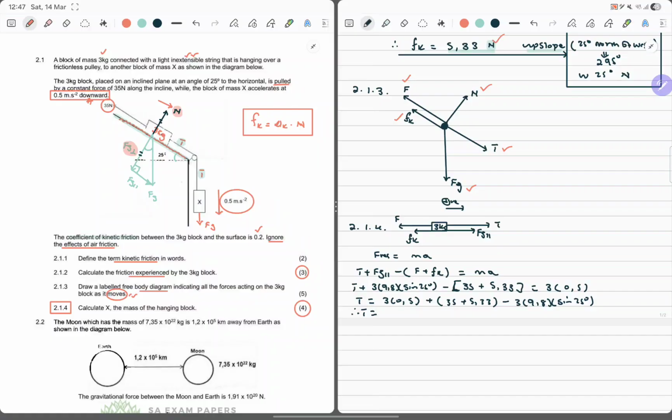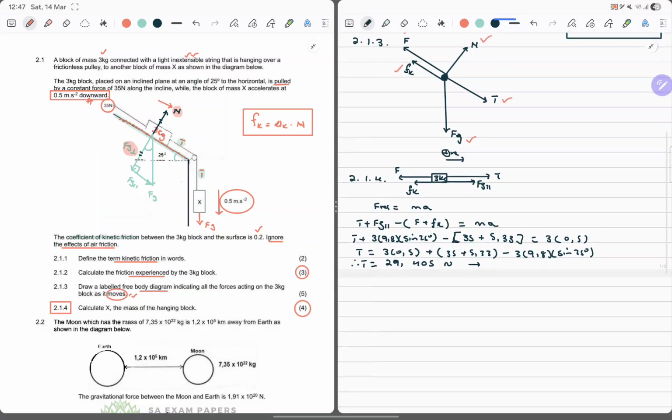Okay. If the answer is positive, I'm happy. So I'm getting 29,405 newtons. Of course, this is going to be down slope. Okay, so that is the tension.